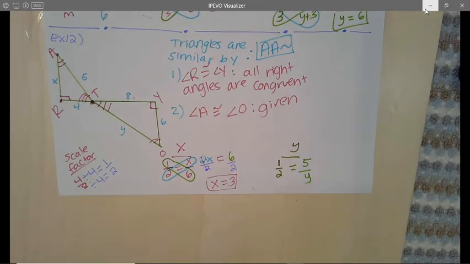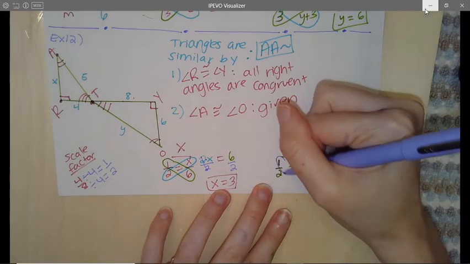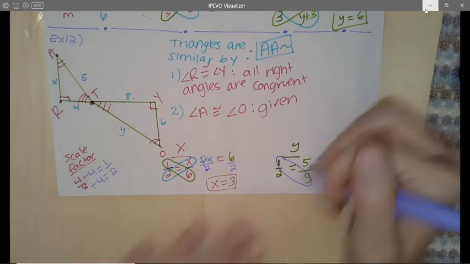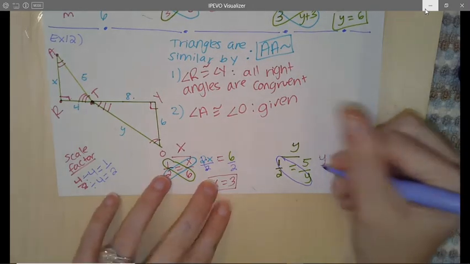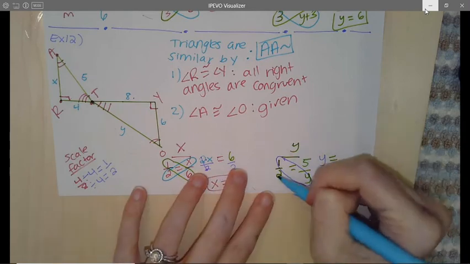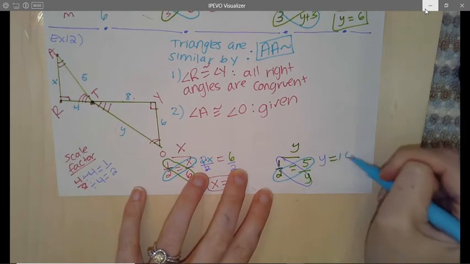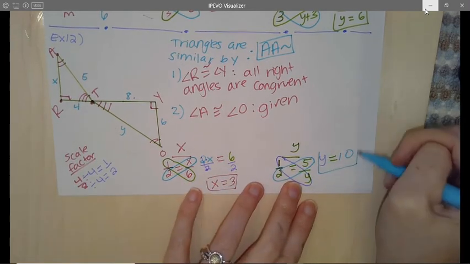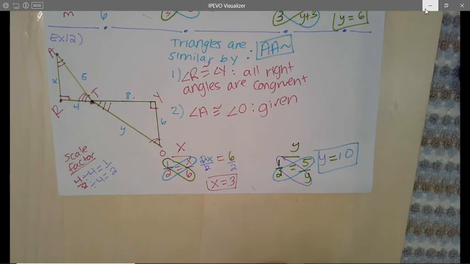And then we just simply cross multiply. So 1 times y gives me y, and that will equal 2 times 5, which is 10. So guess what, you guys? Y is 10. That's it. Don't overthink it.